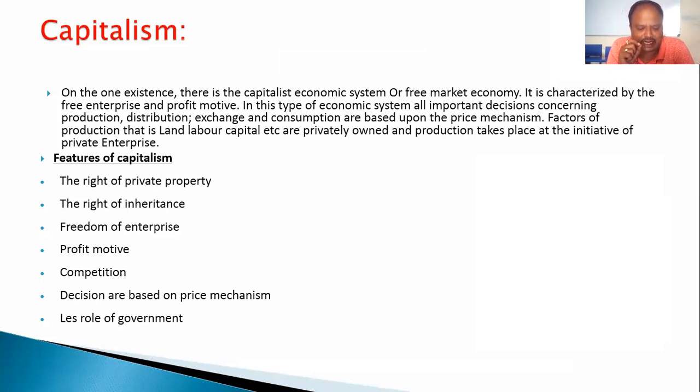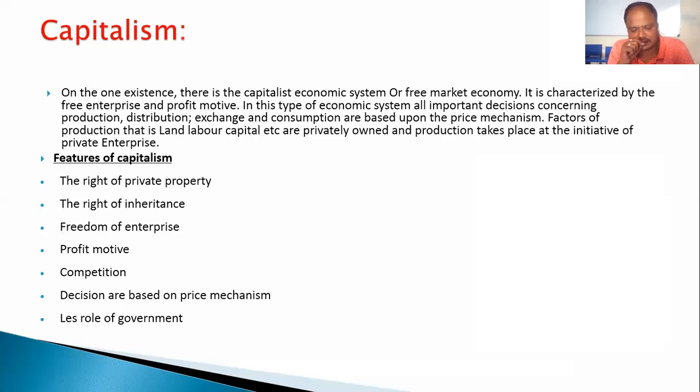In this type of economic system, all important decisions concerning production, distribution, exchange and consumption are based upon the price mechanism. Factors of production, that is land, labor, capital, etc., are privately owned and production takes place at the initiative of the private entity.